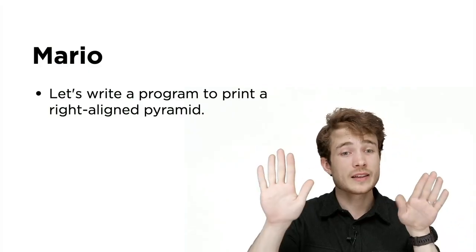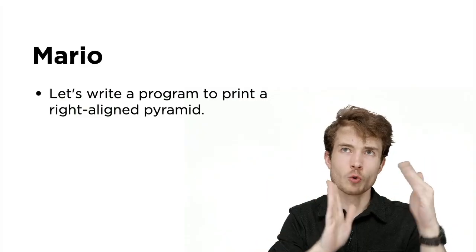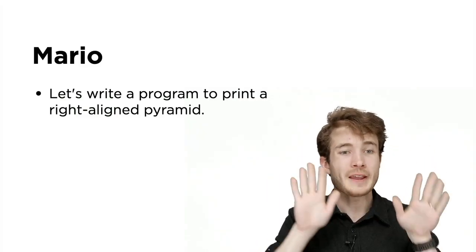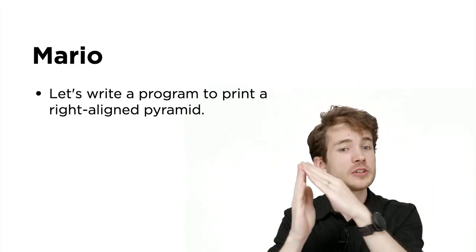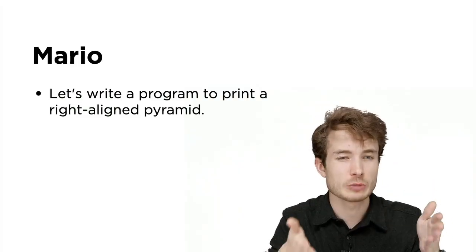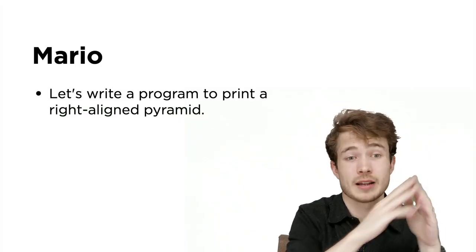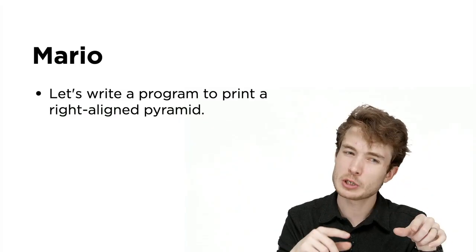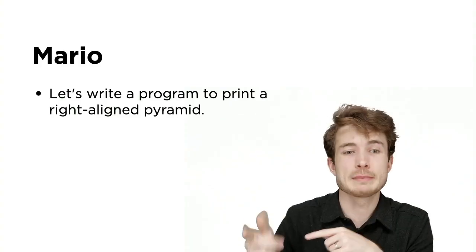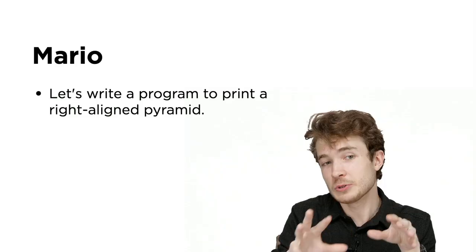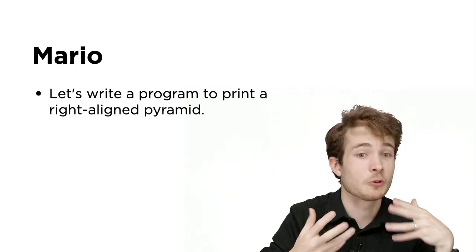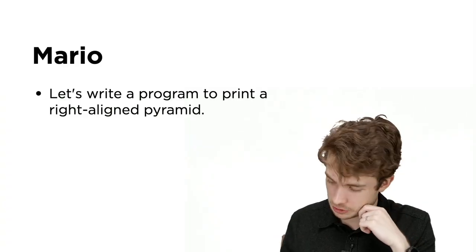If you think of your right hand and your left hand and which way the pyramid should go, a right-aligned pyramid goes up to your right, whereas a left-aligned pyramid goes up to your left. I would probably argue a left-aligned pyramid is a bit easier than a right-aligned pyramid, but I'll leave that part up to you as you work on the problem set. Today we'll focus on our left-aligned pyramid.